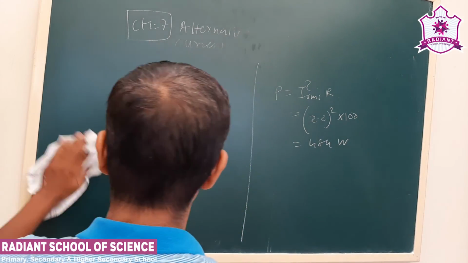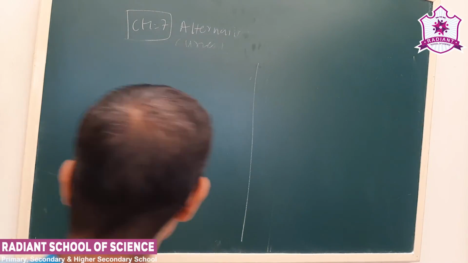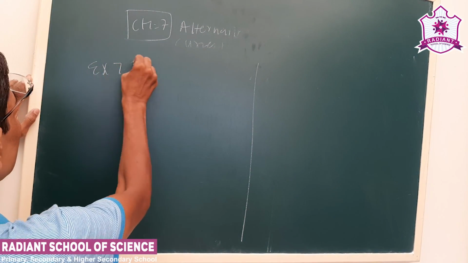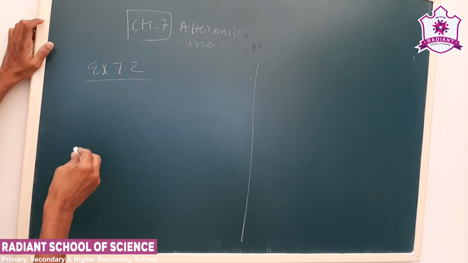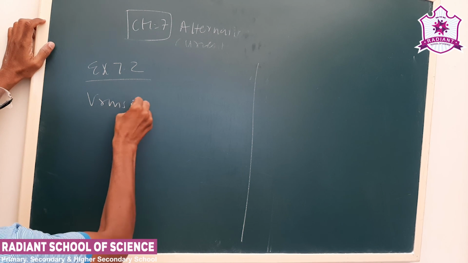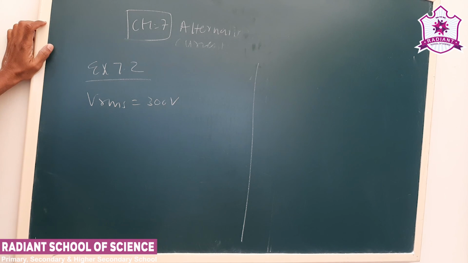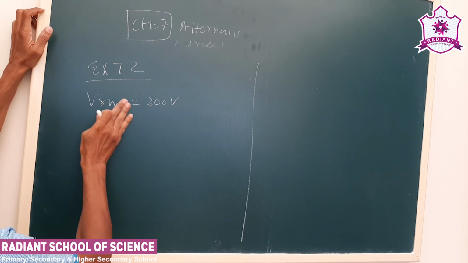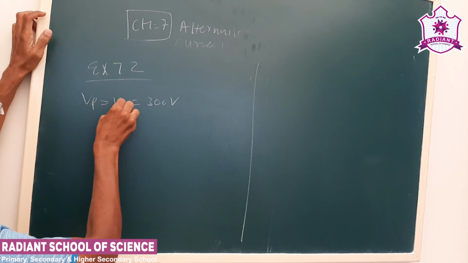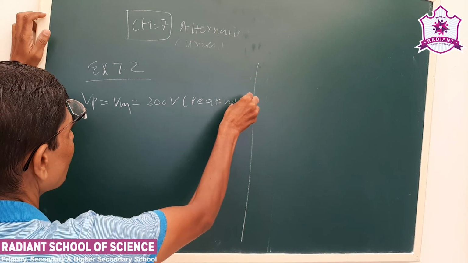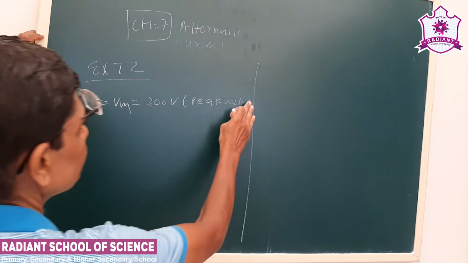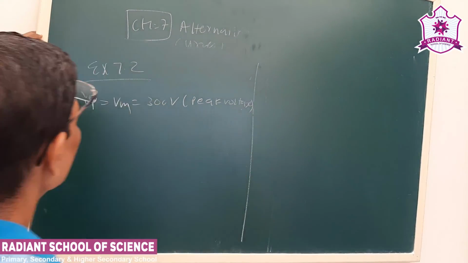Now next is exercise sum number 7.2. Here, see, the peak voltage is given as 300 volt.